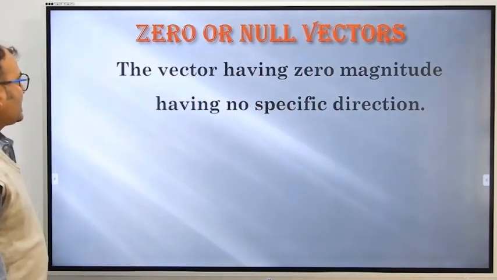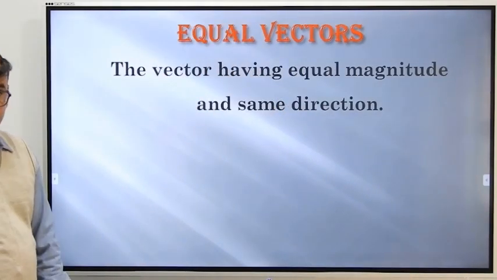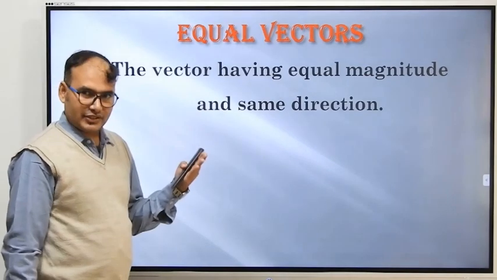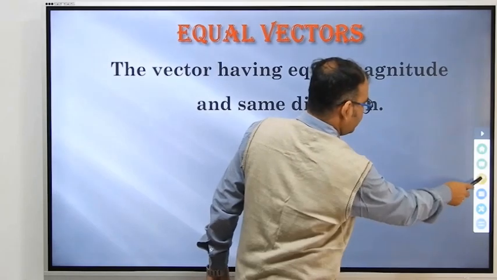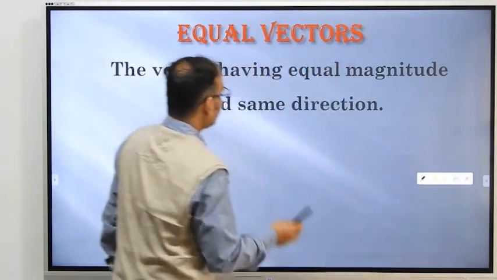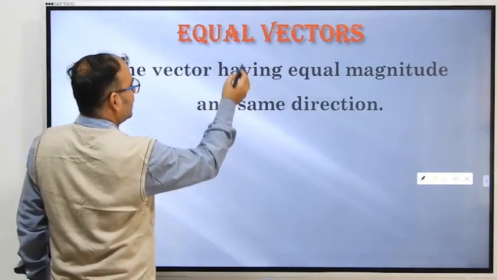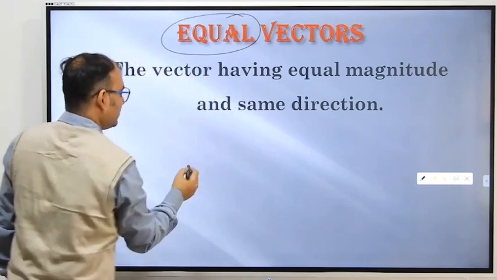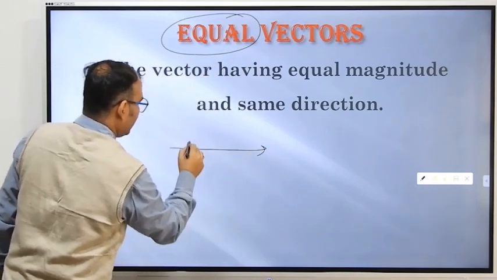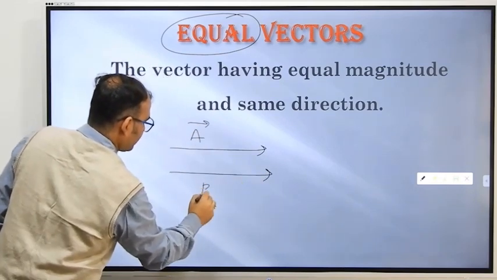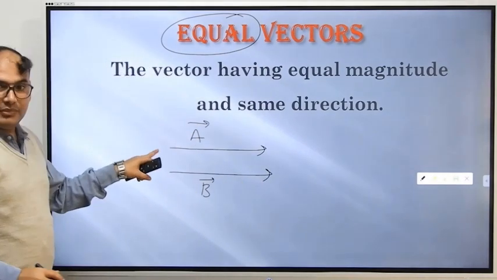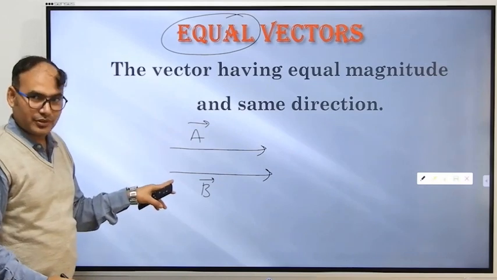Coming to the next, that is equal vectors. So what is equal vector actually? Equal means suppose one vector is this A and another vector is B, with same direction, same magnitude.